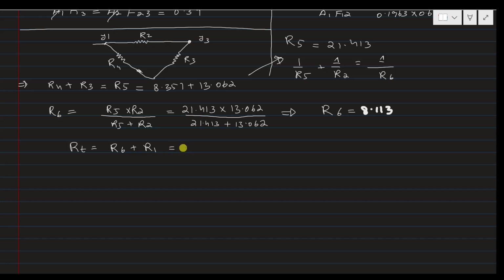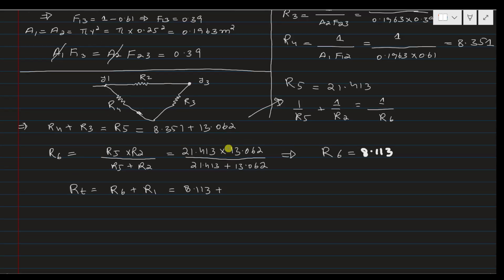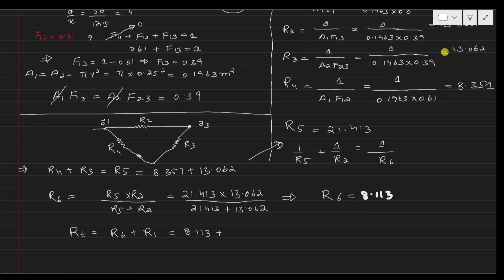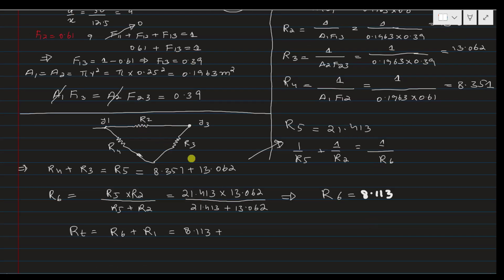R6 is 8.113 plus R1, that value is 1.2735. Upon addition, you will get the total resistance.